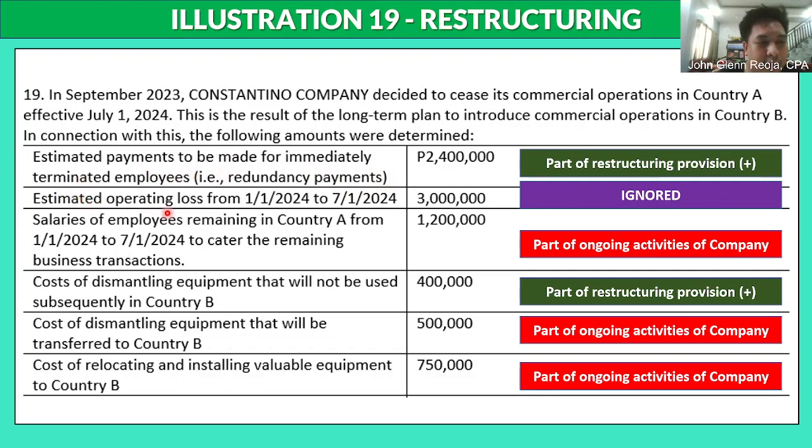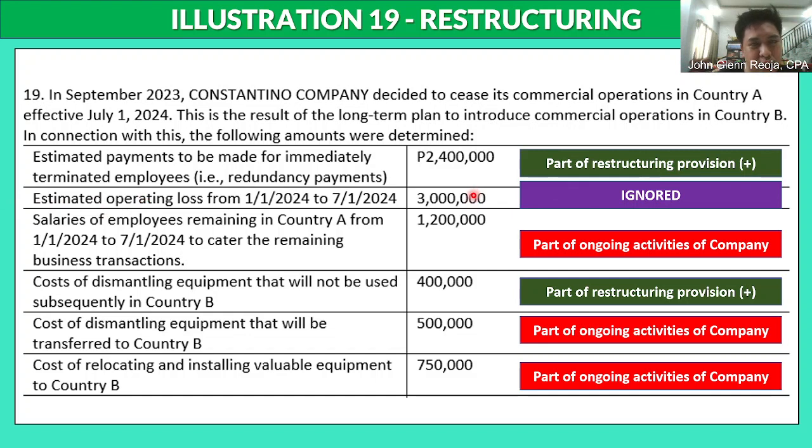Next, estimated operating loss from January 1, 2024 to July 1, 2024. So, this is the example of future operating losses. So, future operating losses are not considered in recognizing provision. Hindi to kasali. Ignore nyo lang yan. Nga naman, sir. Kasi future pa yan.